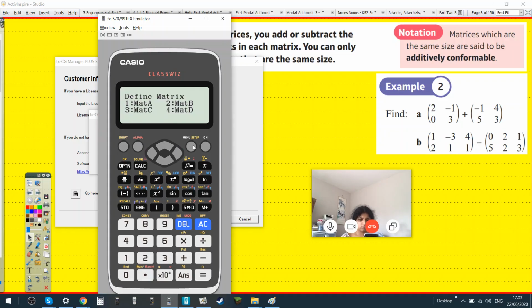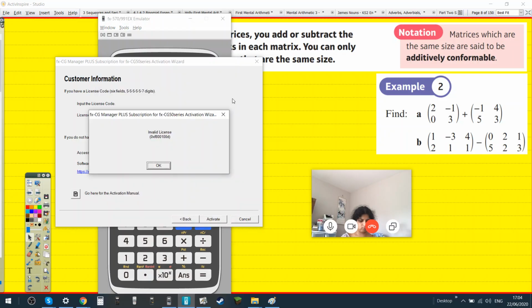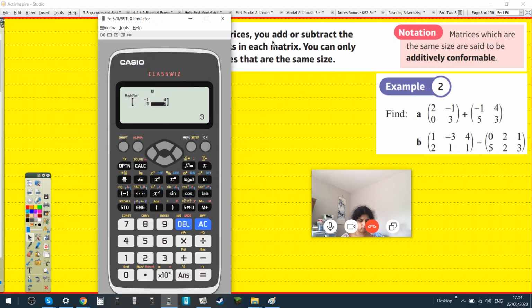So my one is 4. So I define matrix 4, 2 by 2: 2, minus 1, 0, 3. Define matrix P. Yeah, I need to renew my graphical one.